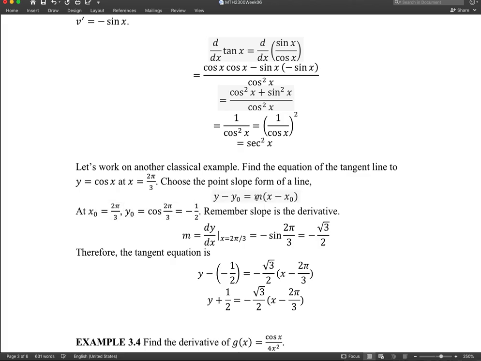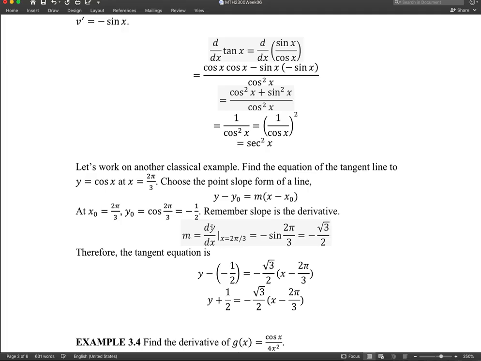And then we have one more quantity to figure out, the slope. Remember, slope is a derivative. So I just write m equals the derivative. And also, maybe this is the first time I use this notation: a bar after the derivative, then x equals a number in subscript form, which really means the derivative at this specific value, which is the slope of the tangent at this given point.